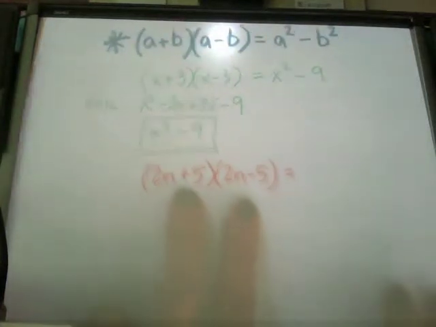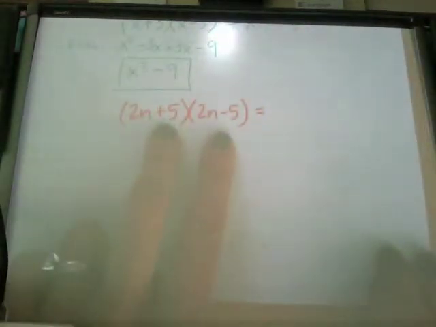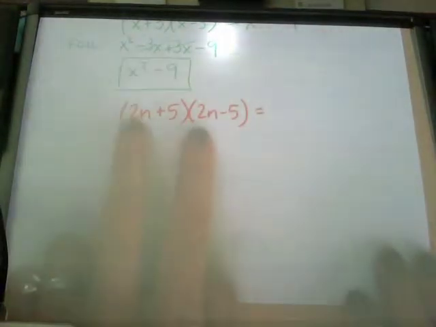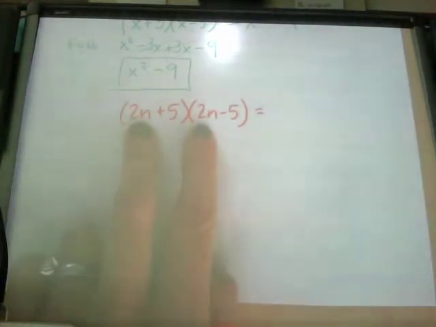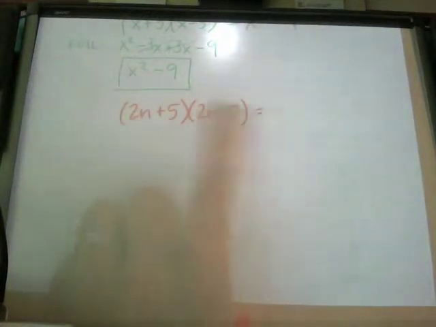Okay, we see I've got the same exact thing in the parentheses except one's a plus and one's a minus. Which term is my A according to the pattern? Daniel? 2n. 2n. Okay, so the pattern says the first resulting part of the answer will be a squared. What happens when I do 2n times itself? What do I get? Pammy?